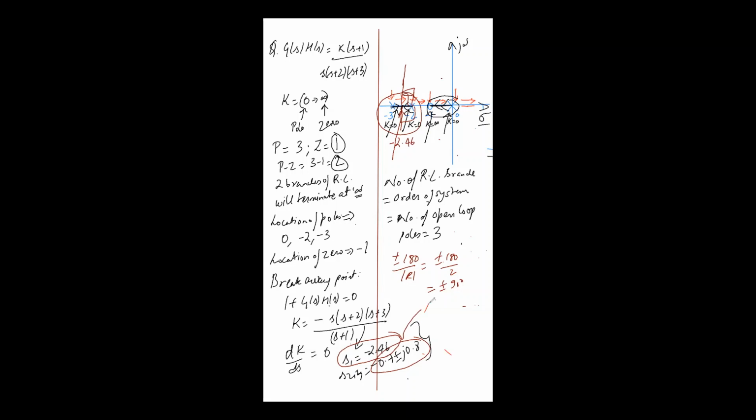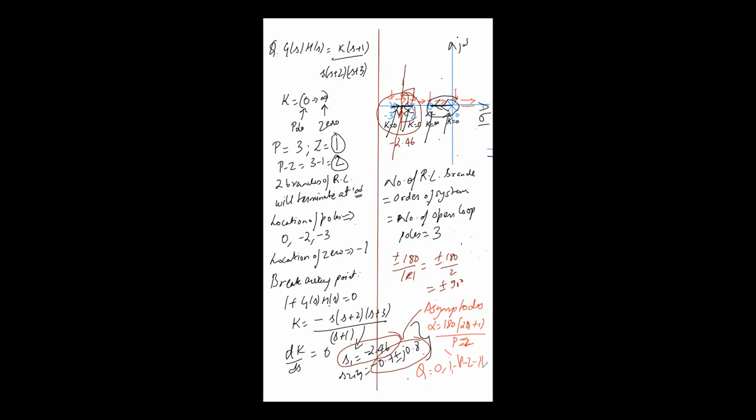We will calculate the angle of asymptote, alpha, which is equal to 180 degrees times (2q plus 1) upon p minus z. This is the formula for calculating asymptotes. And what is q here? Q ranges from 0, 1, 2 up to p minus z minus 1.